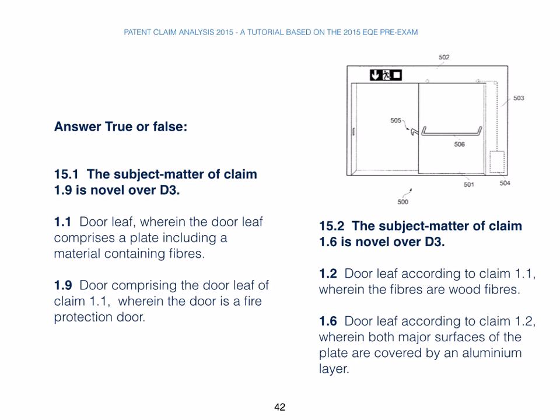So you have the combination of aluminium layer on the major surfaces and wood fibers plus the door leaf of claim 1.1. So you have to make up your mind whether the subject matter of claim 1.6 is novel over D3. When you've made up your mind, we will go to 15.3.